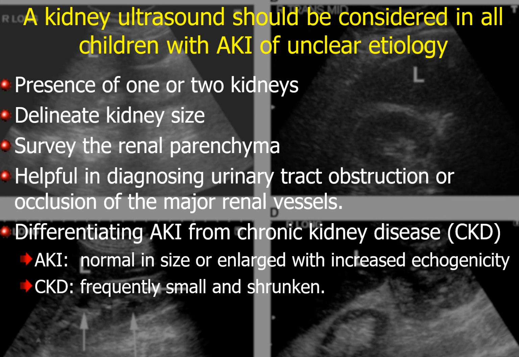In addition, it's also useful in differentiating AKI from chronic kidney disease. The kidneys in AKI are usually normal in size or enlarged due to inflammation or edema with increased echogenicity, whereas in CKD, the kidneys are frequently small and shrunken.